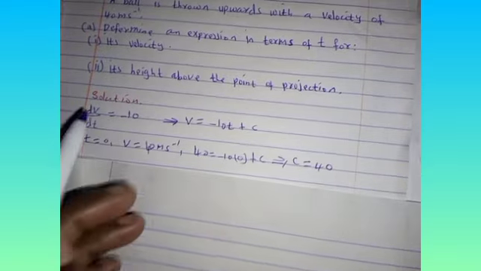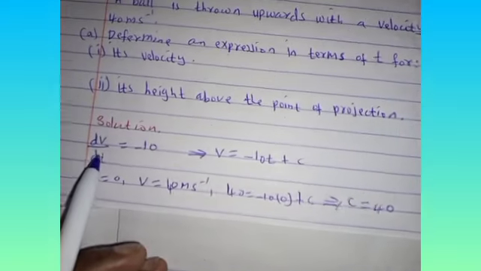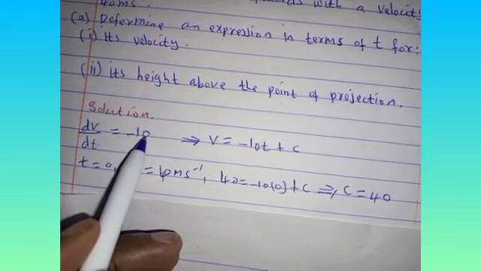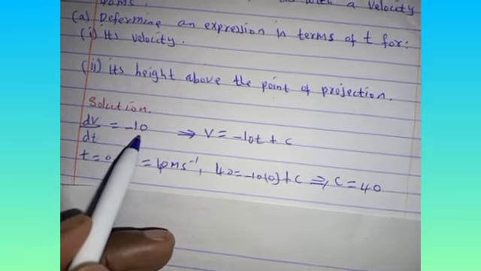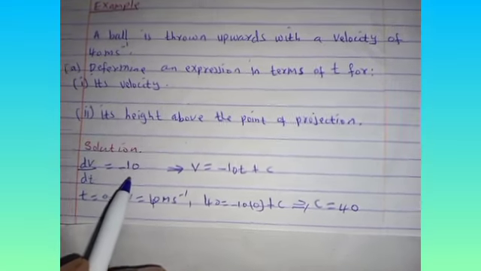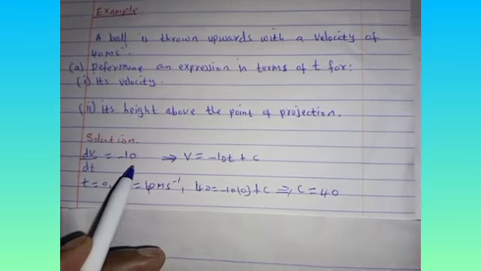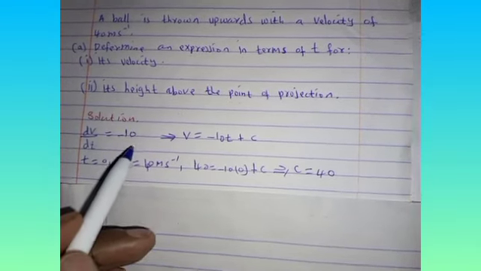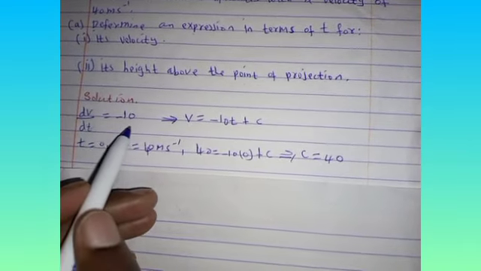So dv over dt gives us acceleration, which is equal to -10. We take acceleration due to gravity as 10 for convenience. It is exactly 9.8, but for the purposes of convenience and calculation, we are going to take acceleration as -10.